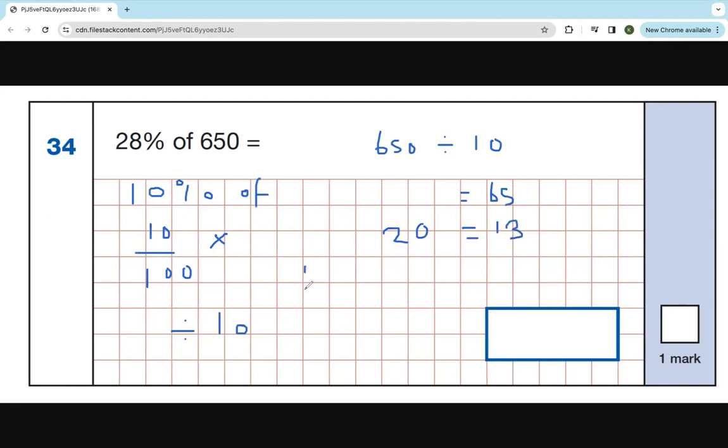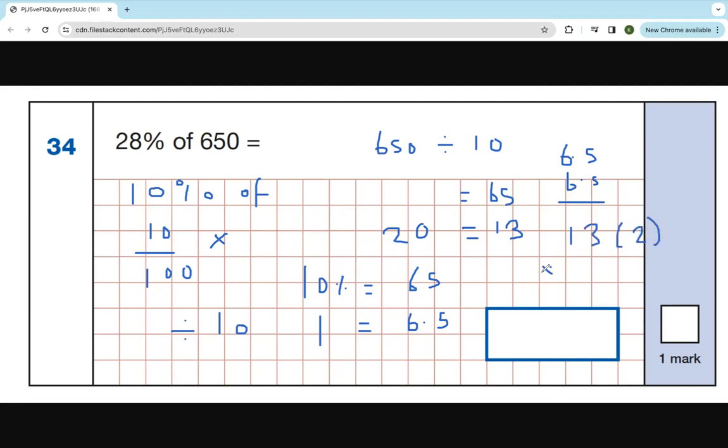Now, if 10% equals 65, then 1% would be 10 times smaller, which is 6.5, okay? So 6.5 and 6.5 is 13, and that's 2%.